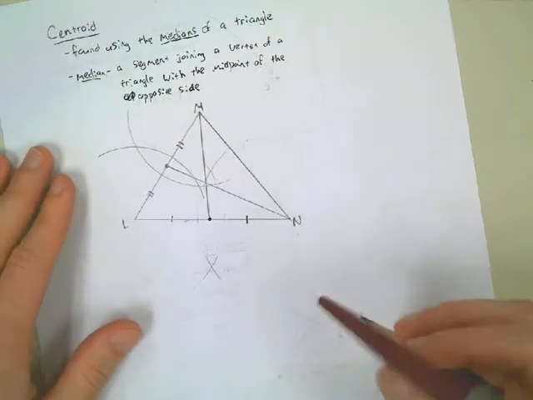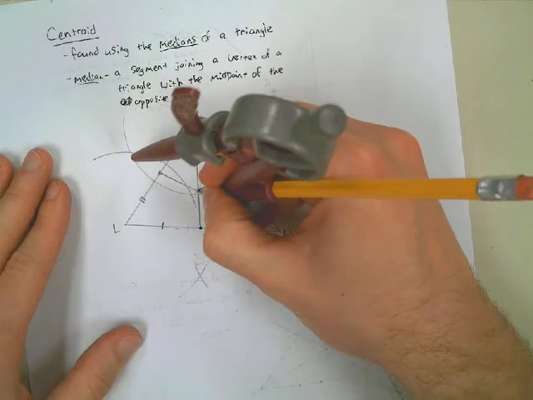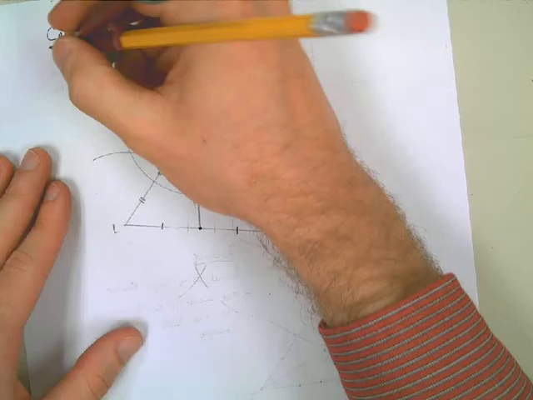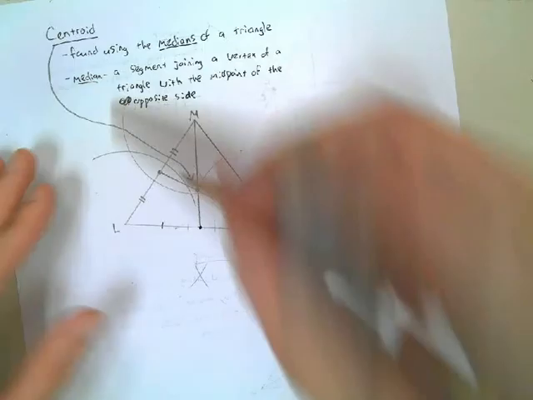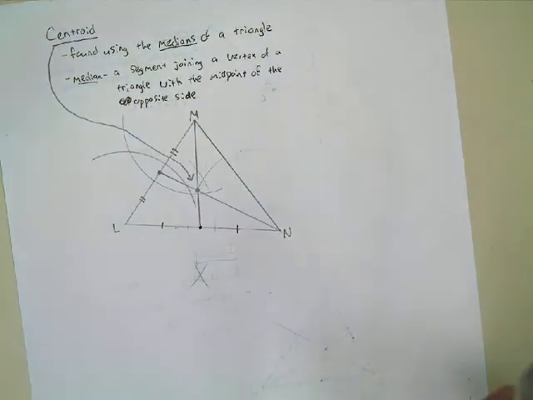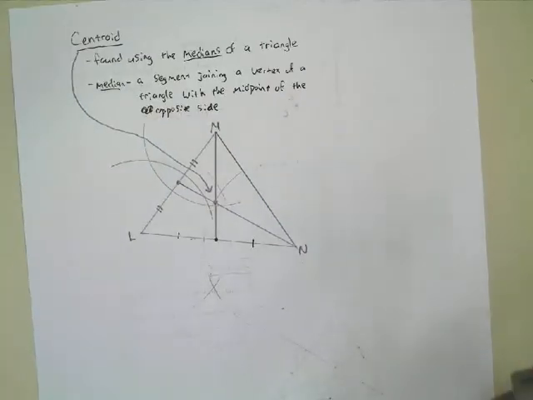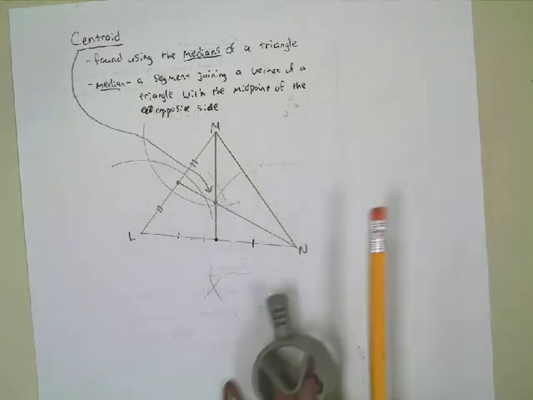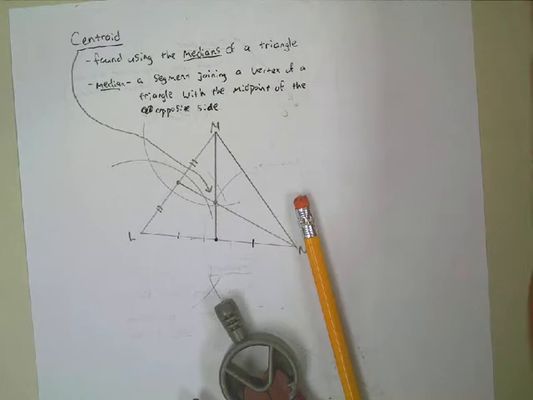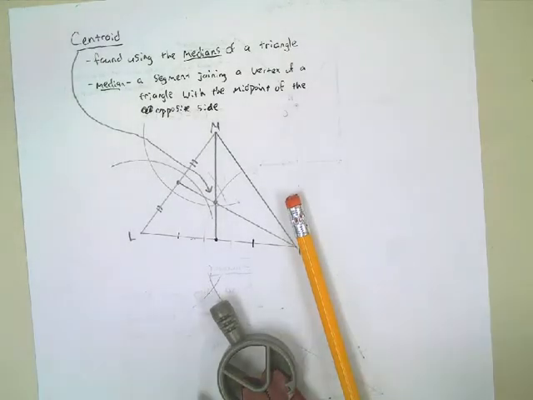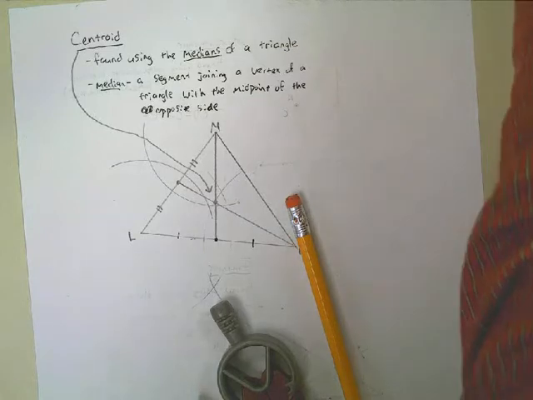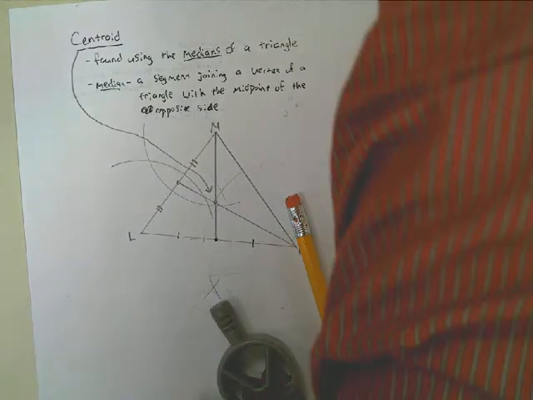And where the two medians intersect, right there, that is where the centroid is located. Just make sure you connect N to the midpoint and watch your protractor so it's lined up. Remember, it's not a perpendicular bisector. You're just joining that point to the vertex.